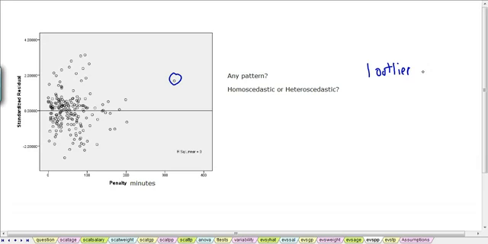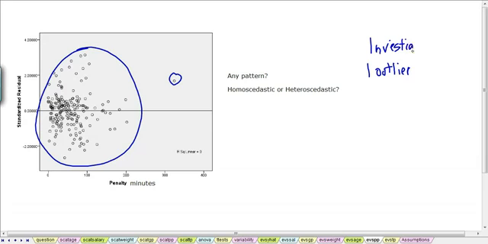Perhaps there was some reason that we could remove it from this sample just because it is an extreme behavior that is not likely to be representative of all the players in the league, since it does stand out by itself. So there's no pattern in the rest of it, so we would have to investigate this one outlier, and then we know the data would then have a homoscedastic relationship with the residuals. So for now, we will just say there's an outlier to investigate.